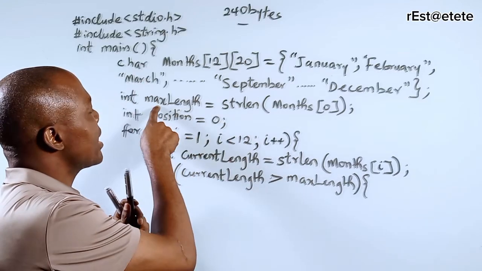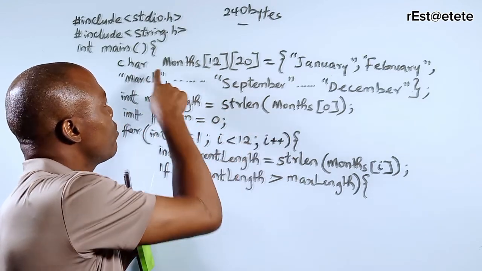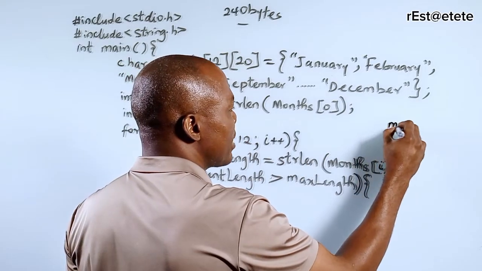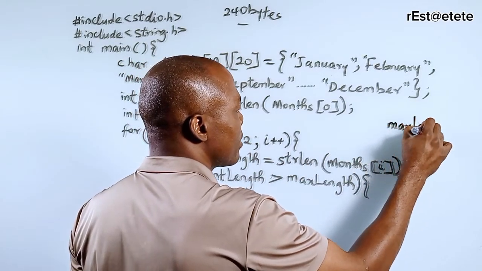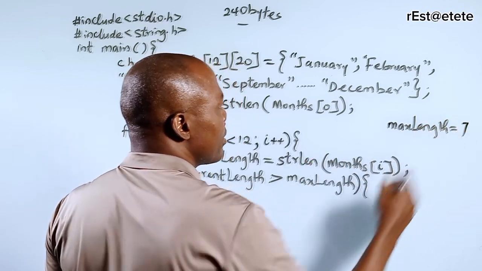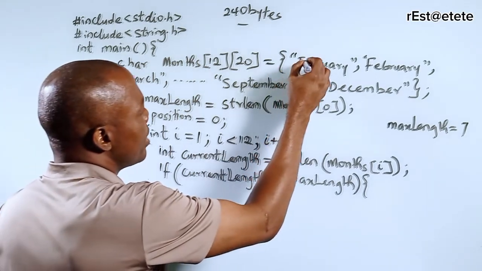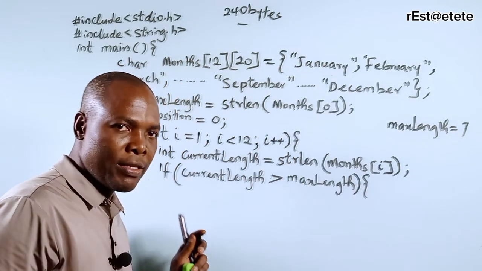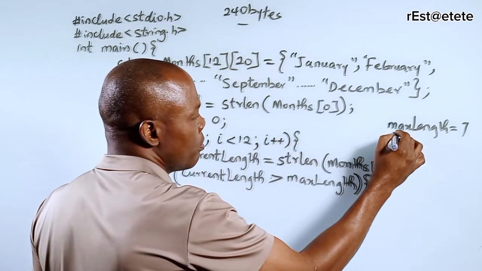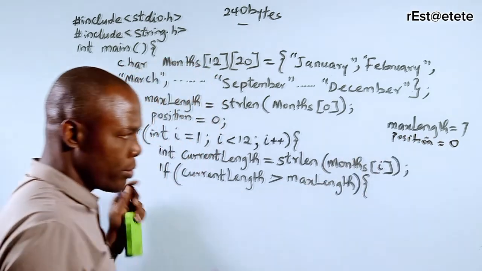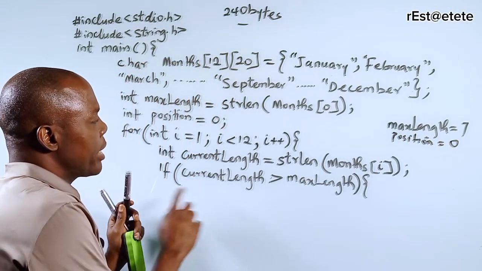Max length is already carrying the length of the first month, which is January. So max length already has 7 in it, because if you count January, 1, 2, 3, 4, 5, 6, 7. And the position is 0, right?